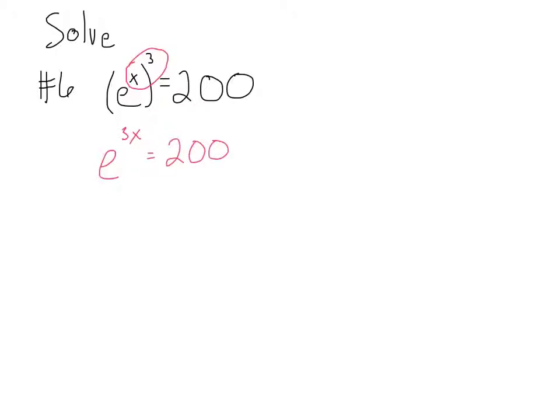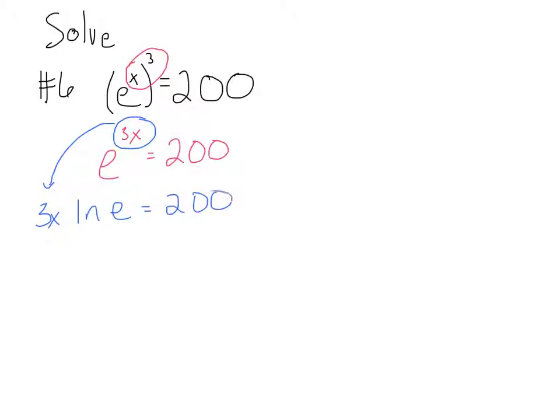Is there any way to get that 3x power out of the exponent? Well, certainly. You can take it, throw it out front, make it a big baby. Now you're going to take the natural log of e.